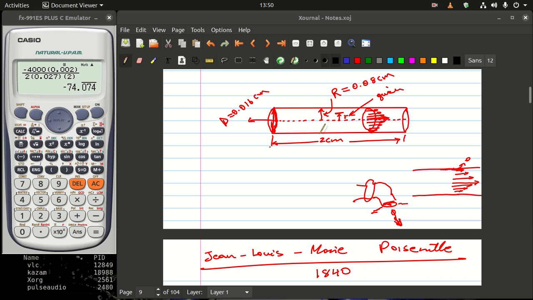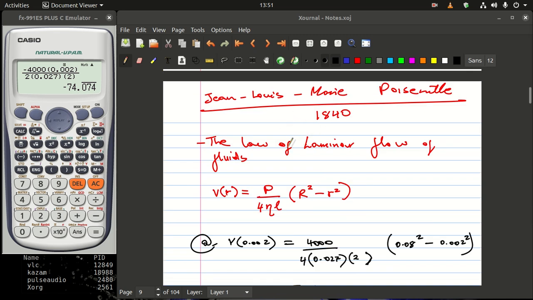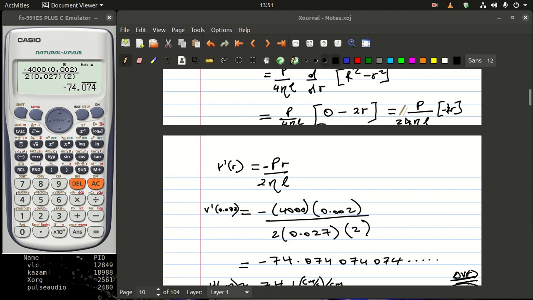I was trying to make it so big so that you can see what is going on and how you can apply this law of laminar flow, which characterizes how fluids flow through a pipe or a cylinder, or how your blood flows through your artery. This is the law that we are using, which was discovered in 1840 by Jean-Louis Marie Poiseuille, and I think we end it there. Thank you.